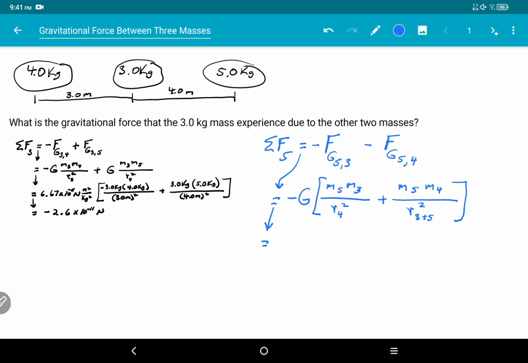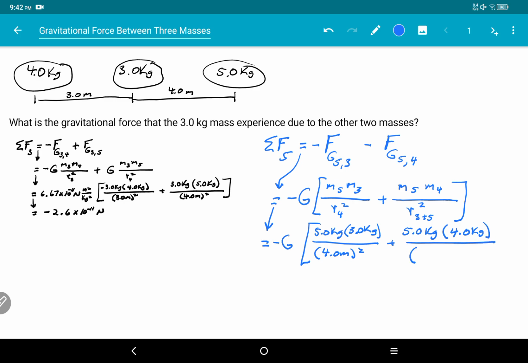All right, so let's put these values in together. I'm going to keep the G for space, so 5.0 kilograms times 3.0 kilograms all over 4.0 meters squared, plus 5.0 kilograms times 4.0 kilograms all over parenthesis, and I'm writing it out so that you see it, 3.0 meters plus 4.0 meters, squared.